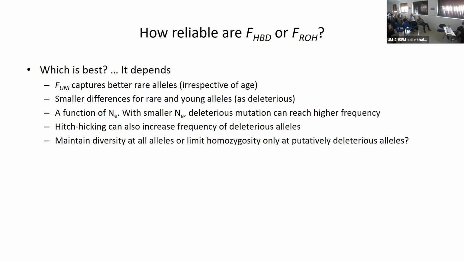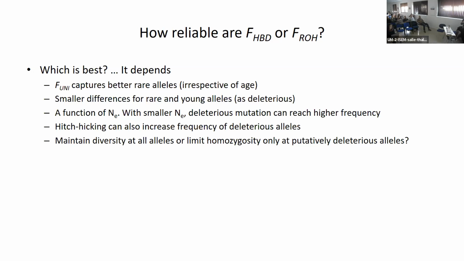So to sum up this comparison, which is the better approach might depend a bit. We saw that united gametes is the best at capturing rare alleles, but we have a smaller difference when you focus on rare and young alleles that should look like the deleterious ones. It depends on effective population size, and when you have a smaller effective population size, deleterious alleles can reach higher frequency also.